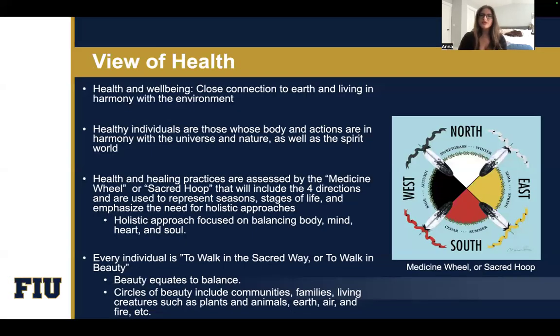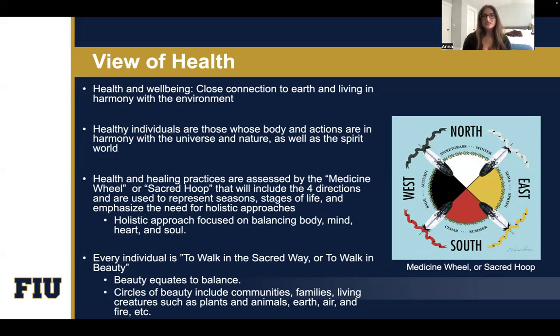In terms of view of health, Native American populations generally view health and well-being as very closely connected to Earth, and generally that is defined as living in harmony with the environment. So a healthy individual is someone whose body and whose behaviors are in harmony with the universe and with nature, as well as with the spirit world.